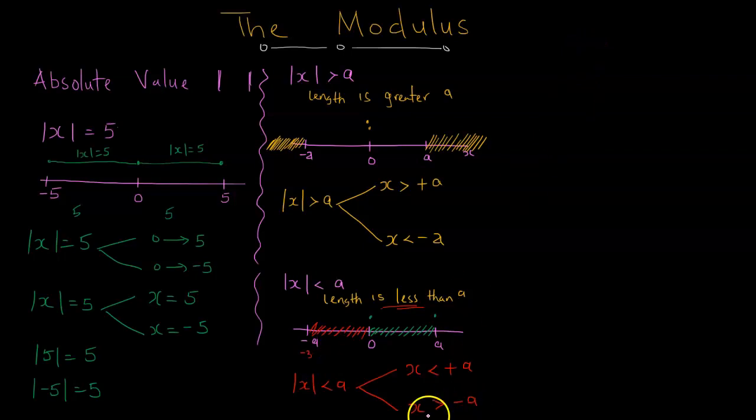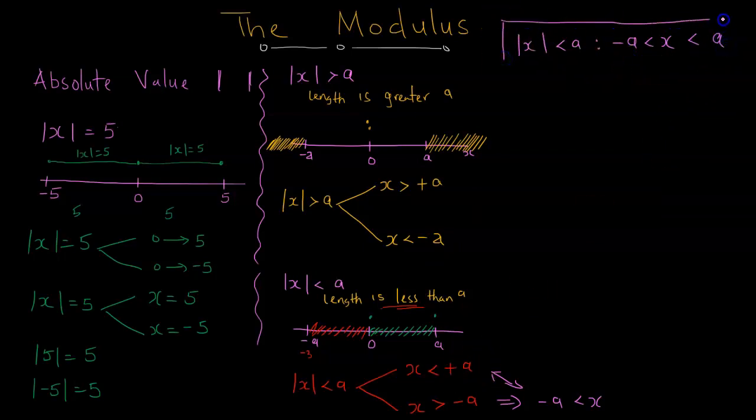And since we know that x greater than negative A is the same as negative A less than x, we can combine these inequalities to arrive at this definition. The absolute value of x less than A implies that negative A is less than x and x is less than positive A. This is the definition of the absolute value of x less than A.